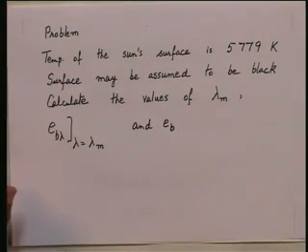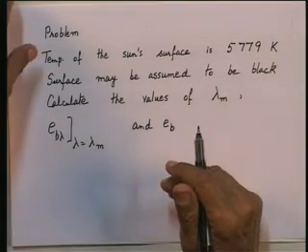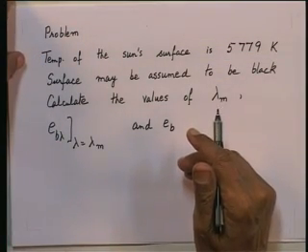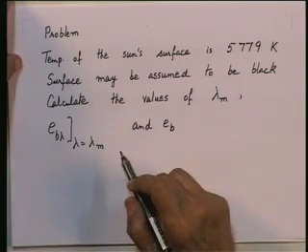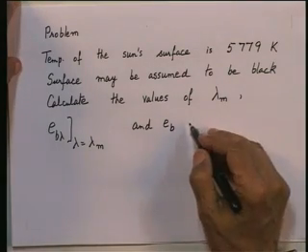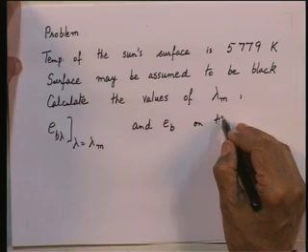Calculate these quantities using the laws which we have just stated: the values of lambda m, E b lambda at lambda equal to lambda m, and E b on the sun's surface.